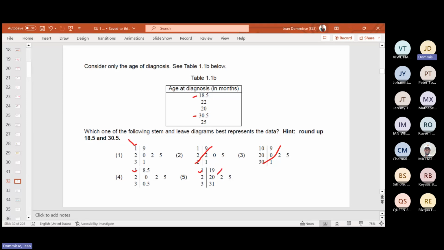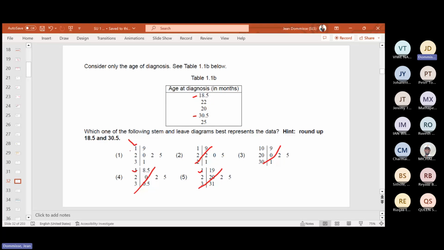Okay, so that is definitely not something that we can work with. 8.5, they told us we need to round up. So again, we'll not be able to work with that. So we're actually left with 1. We haven't even looked at the finer detail of the data, but we are actually stuck with 1 option.